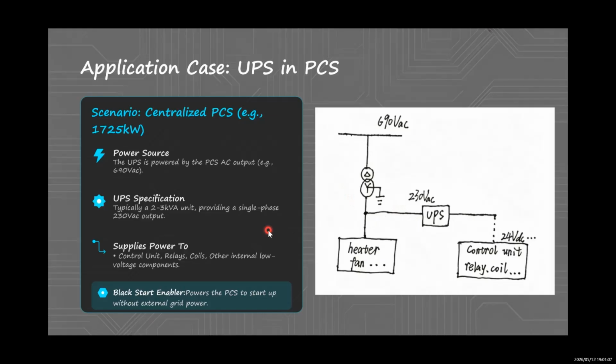It means when the grid is in outage, the PCS will start itself, then provide power supply to the control unit of the PCS, and then the PCS will establish itself and the communication between the PCS and the BMS.